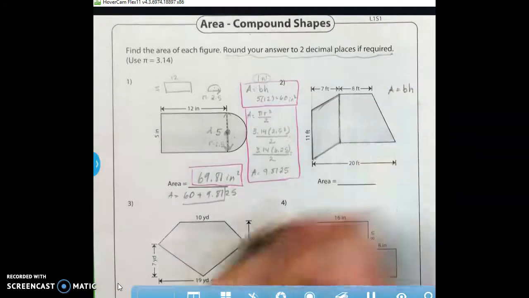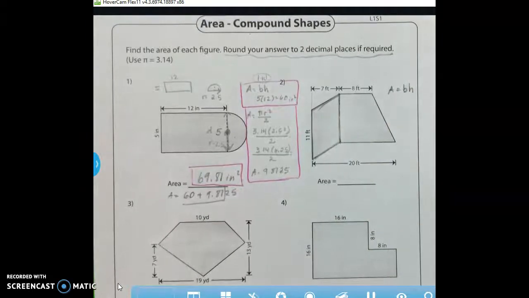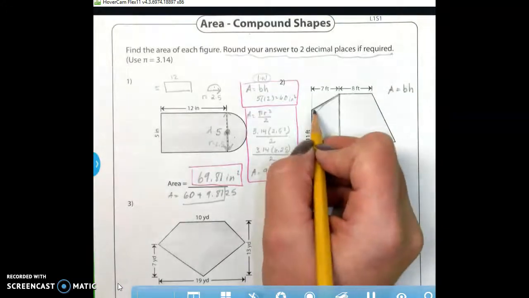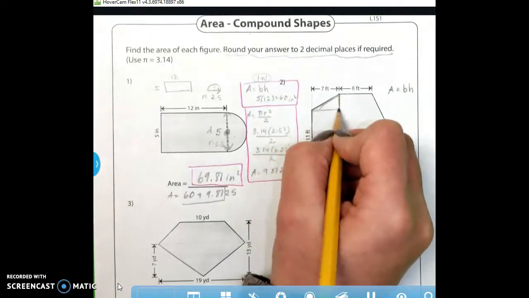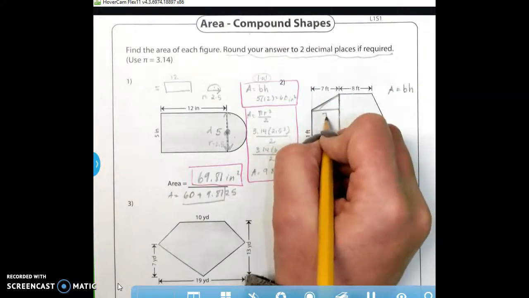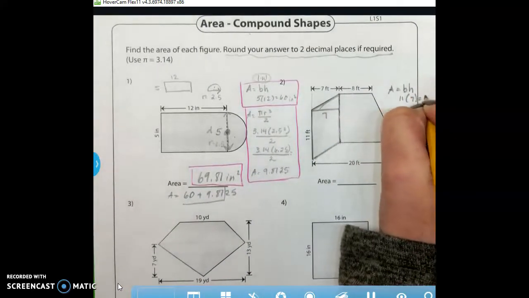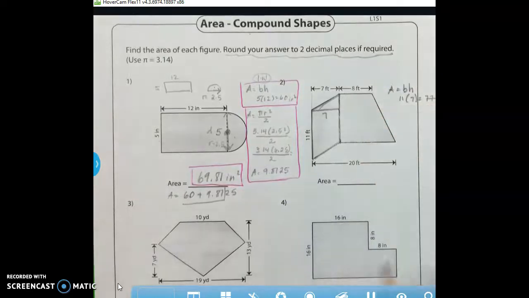Parallelograms are treated as rectangular shapes. So this is base times height, base 11, and then 7 feet right here is our height. So we're going to have 11 times 7 for the area of 77 square feet.